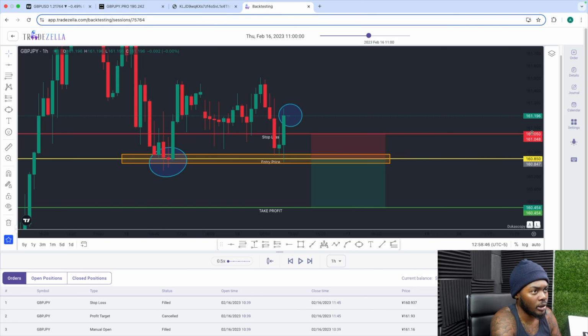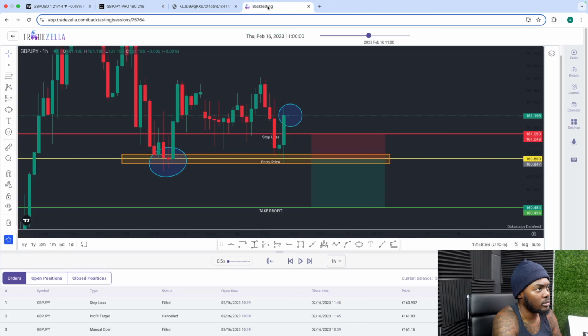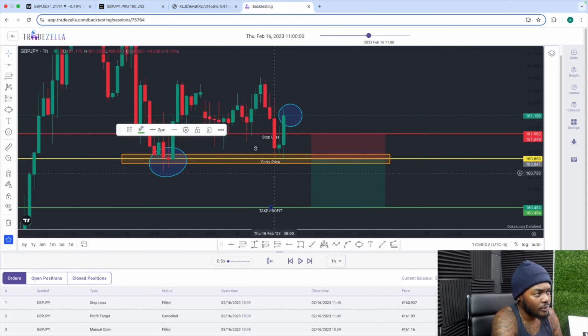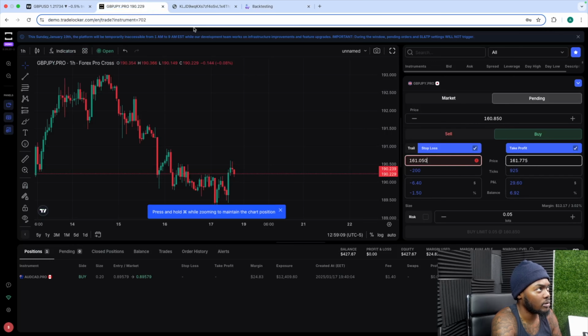My stop loss would be 161.050. And TP is going to be 160.450.